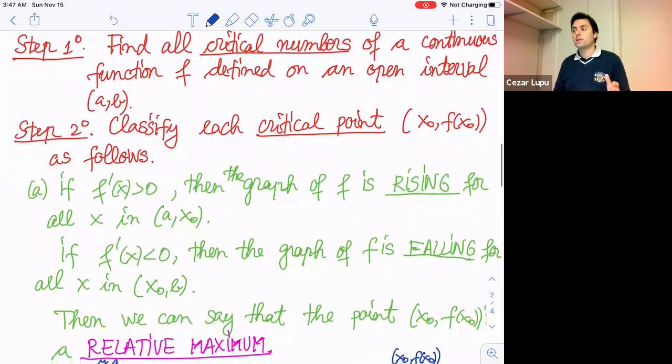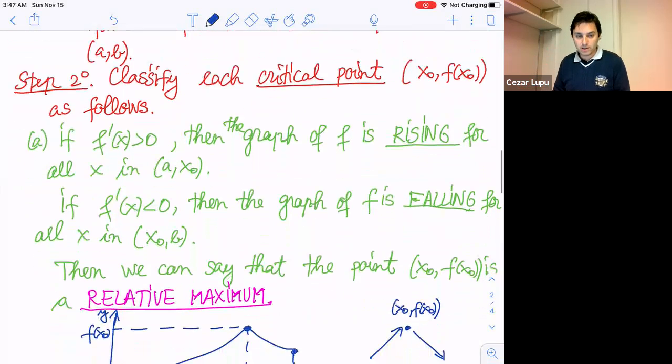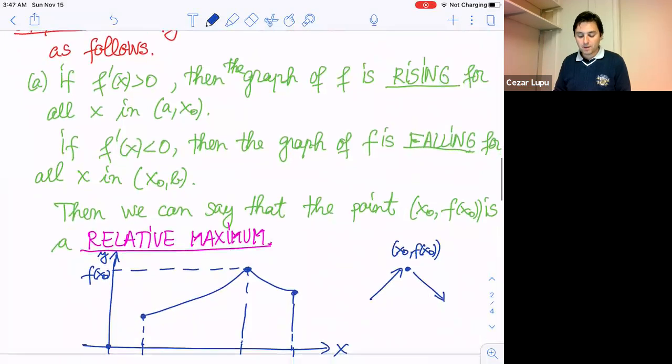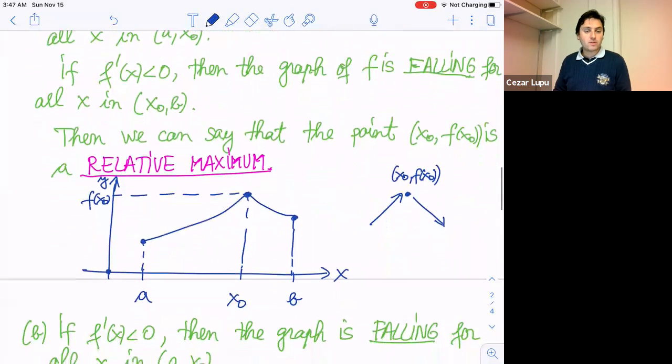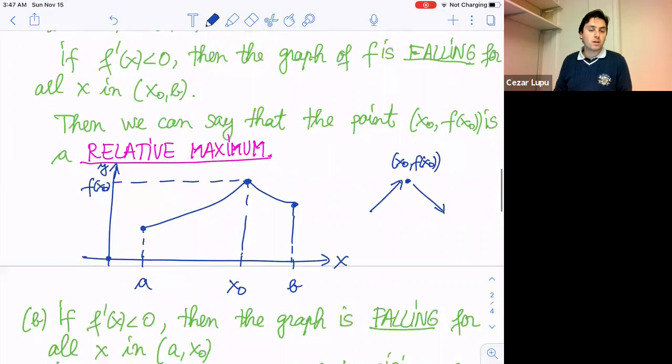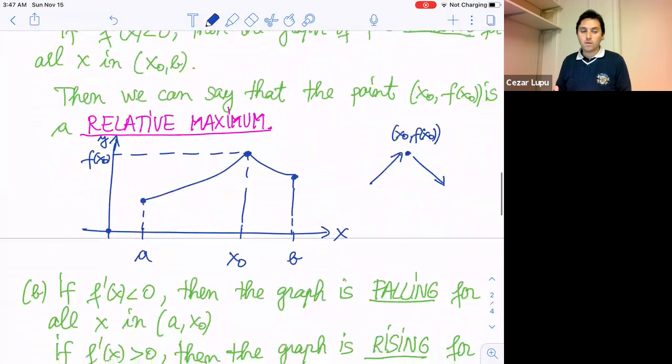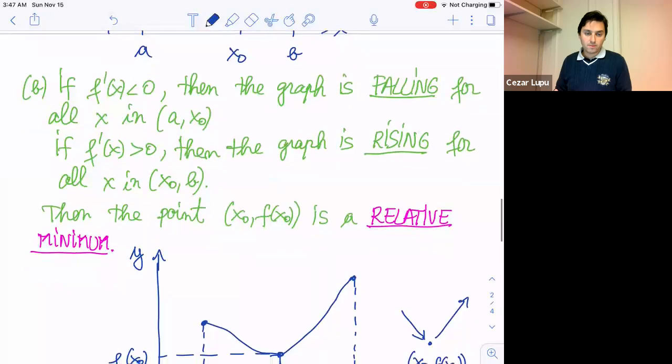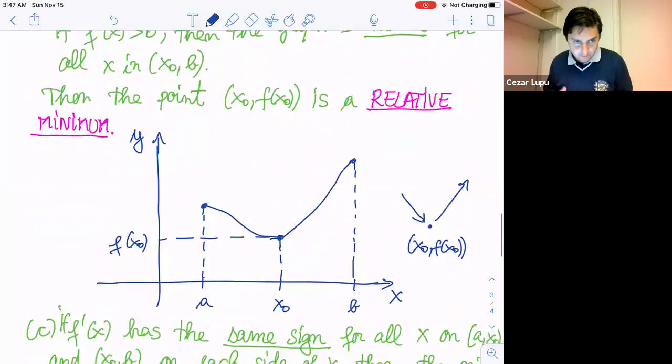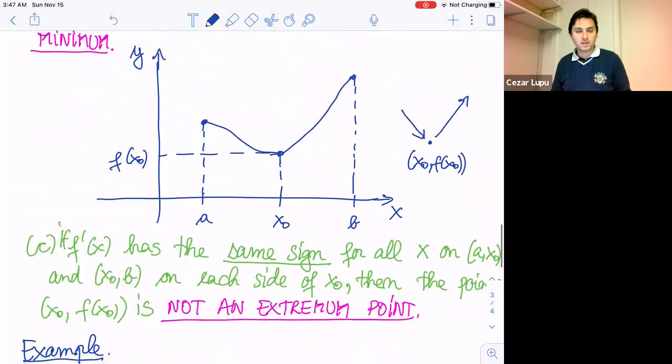So you would like to see on what interval the function is increasing or decreasing, right? Based on this, you can decide whether the critical point is a relative min or a relative max, or neither of them, based on what you have seen so far.